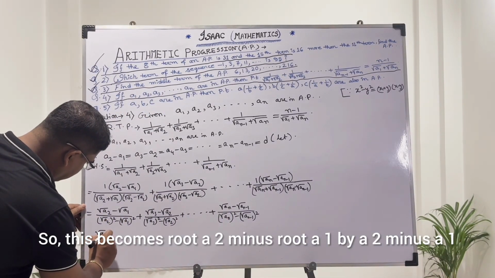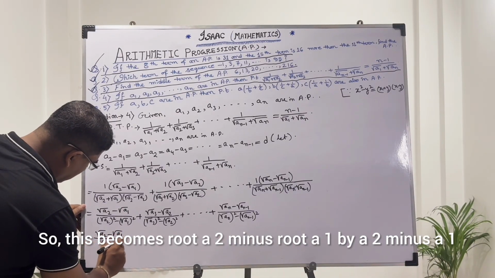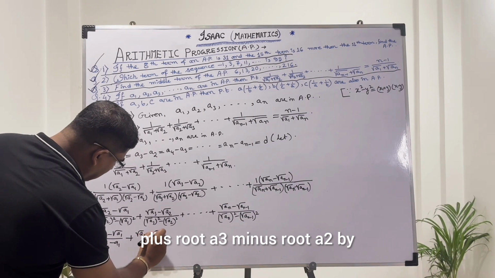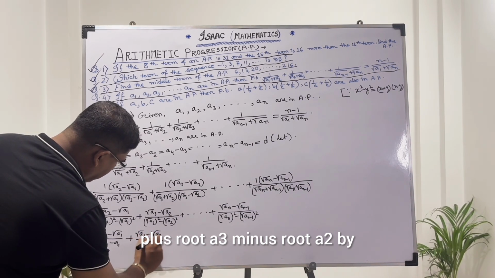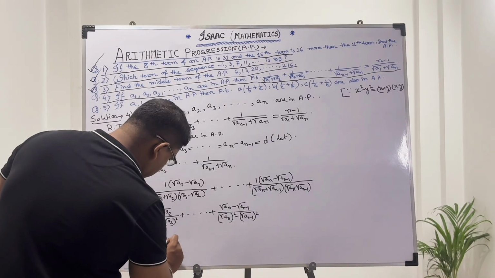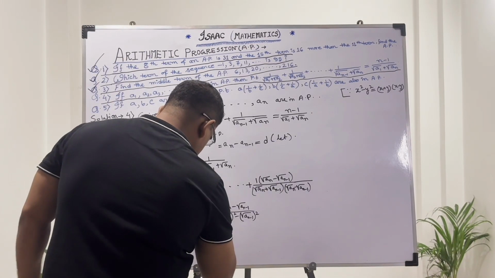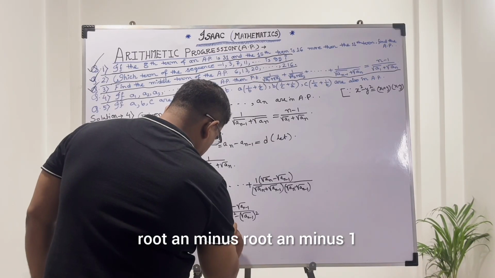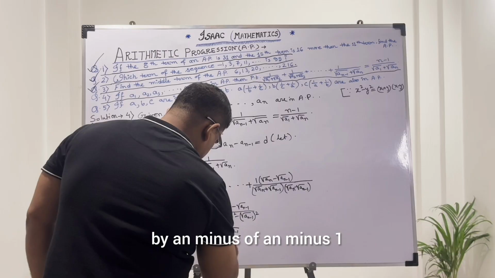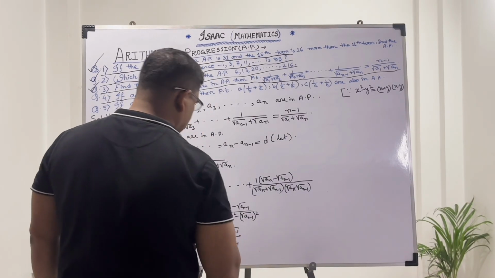So this becomes root A2 minus root A1 by A2 minus A1, plus root A3 minus root A2 by A3 minus A2, plus continuing, root AN minus root A of n minus 1 by AN minus A of n minus 1.